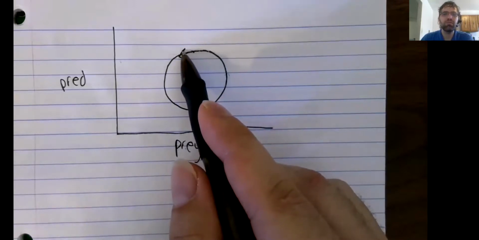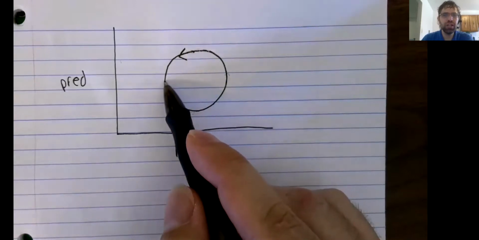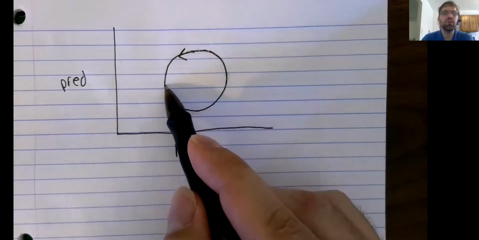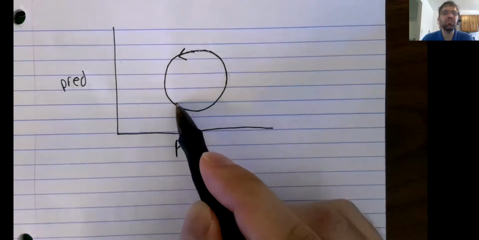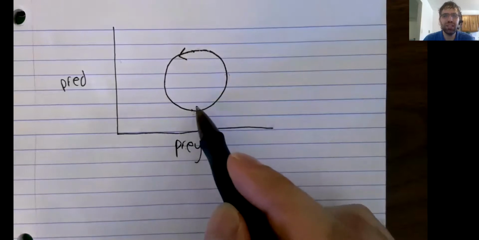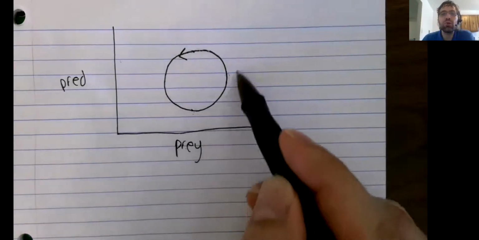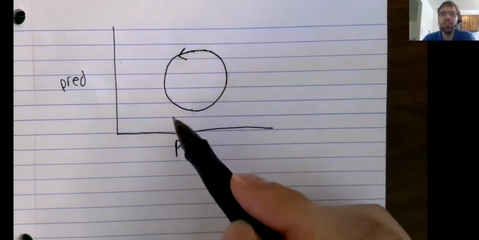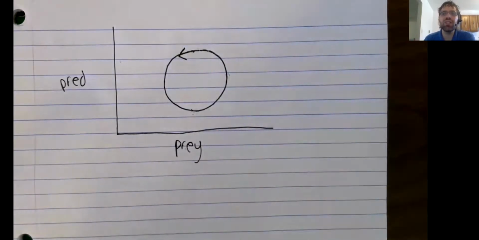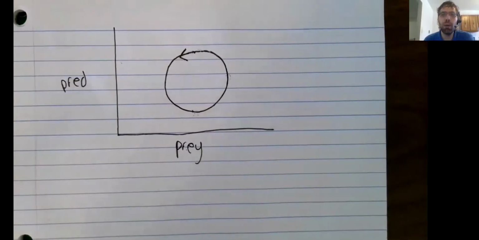The number of predators and the number of prey both shrink, and then the number of prey increase while the number of predators decreases. And just because we have this circular movement, complex and imaginary numbers show up.